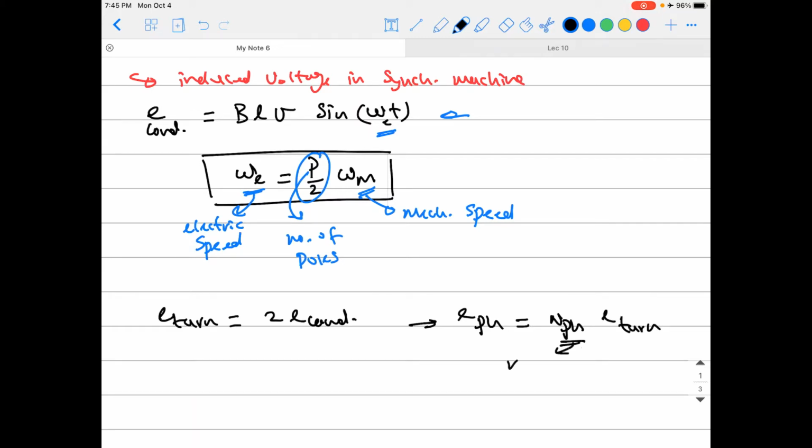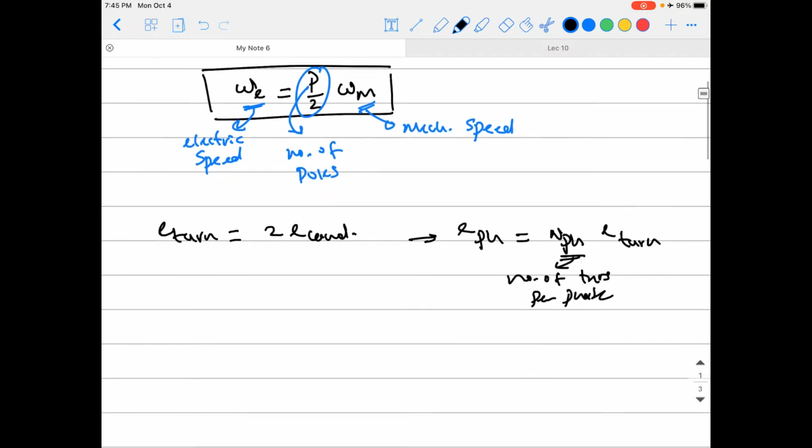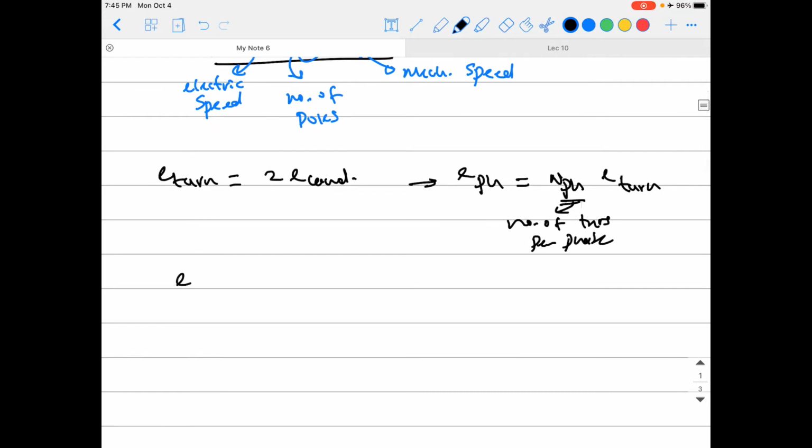Okay, where N phase is the number of turns per phase. Like we said last time, E phase A, because we're starting with phase A, will equal 2 N phase B L R omega m, which is your V, times sine omega e t.